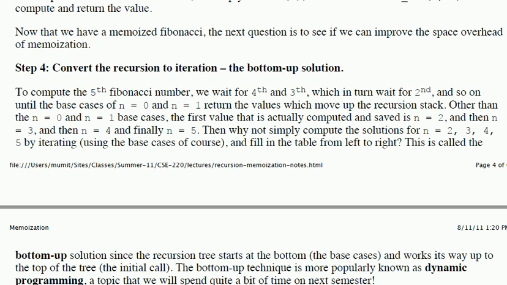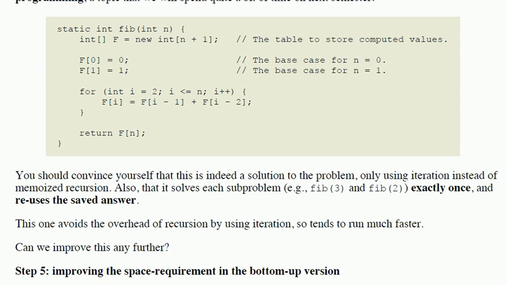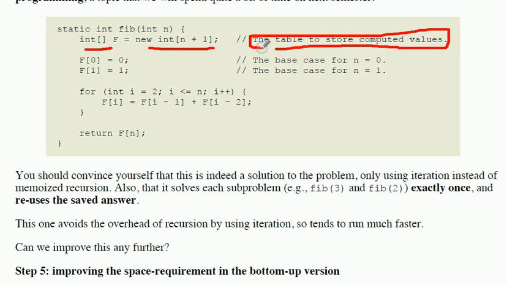Then convert your idea to a solution. Lucky for us, the solution is given above. So here you can see they made it an int array of new int n plus 1. It will keep adding to the table to store computed values, the ones you have already completed. F0 equal to 0, F1 equal to 1. So you don't have to run it for F0 and F1.